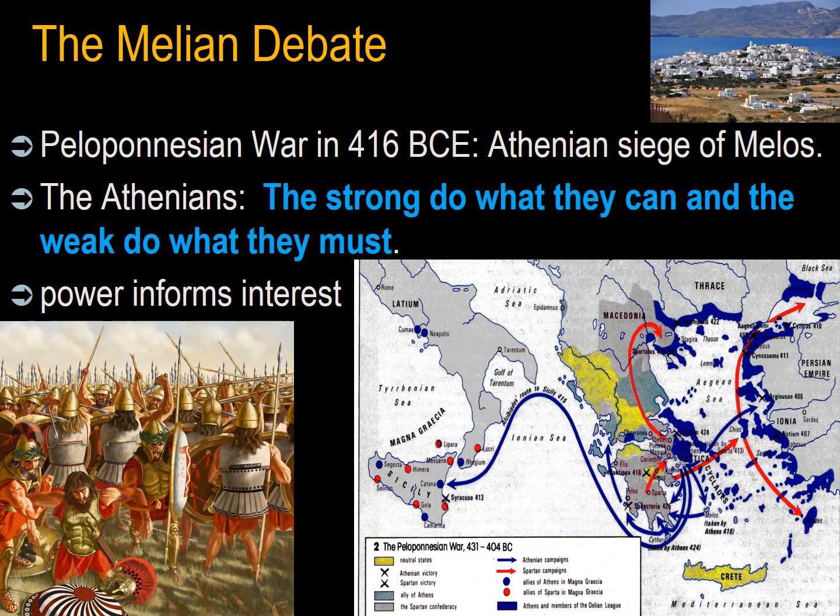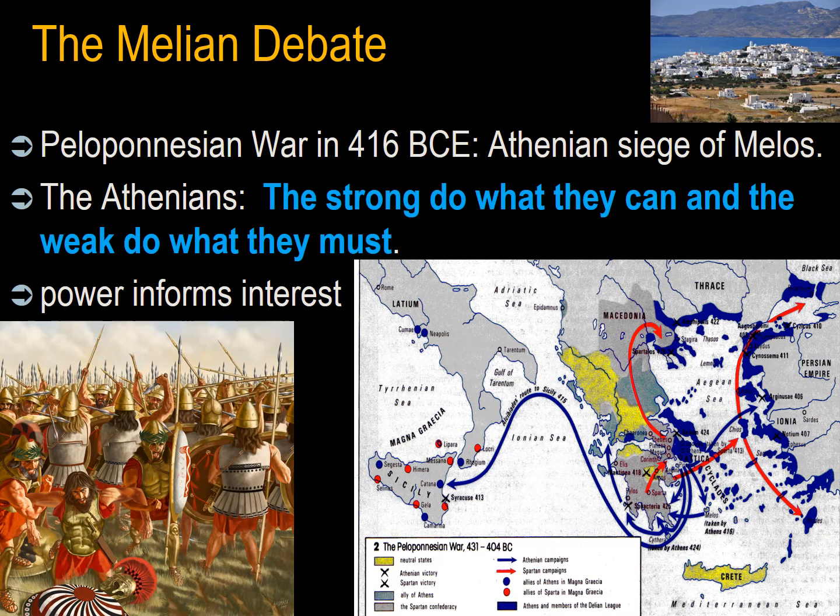Now, the idea of power as being important was always present in classical literature, but was being picked up on now by realist scholars. And the most explicit description of the importance of power is captured in the Melian debate.